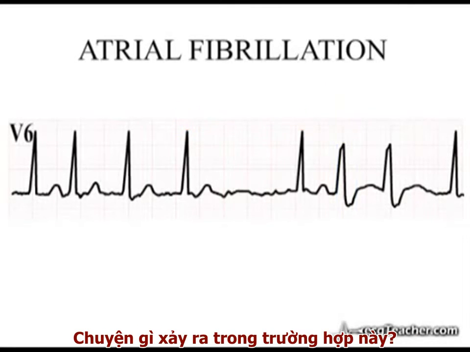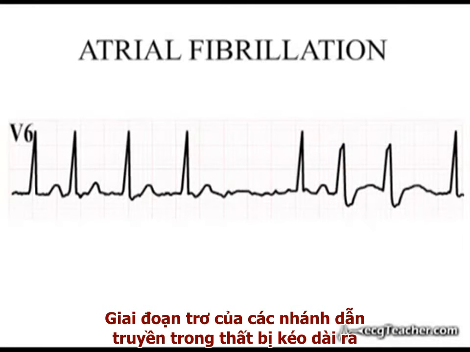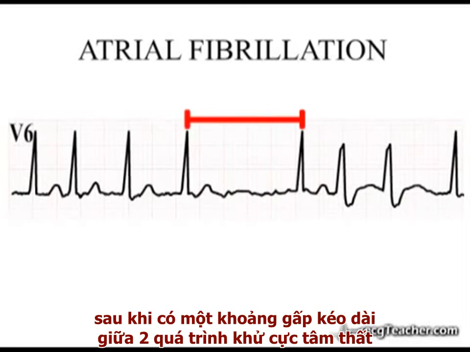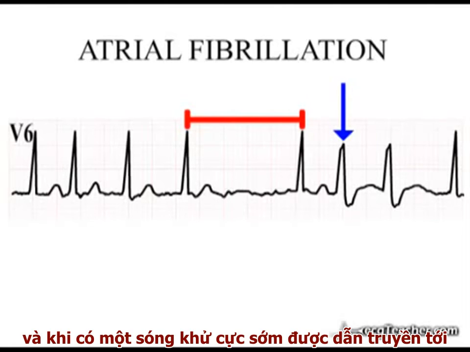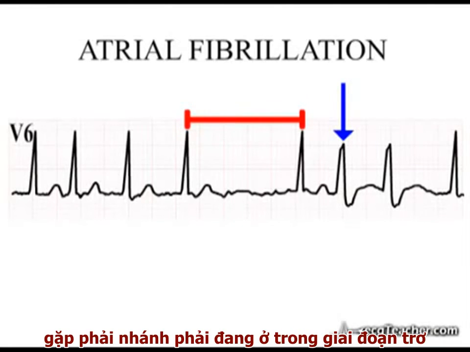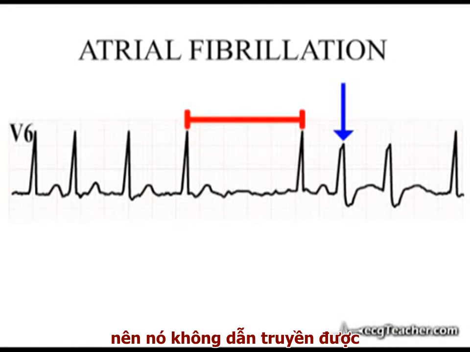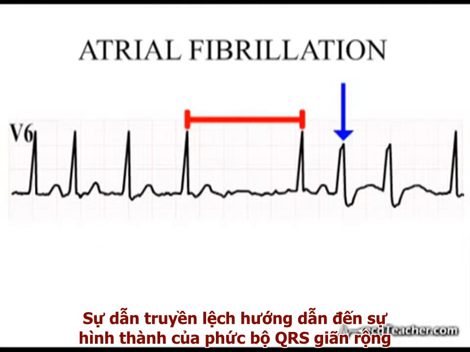What has happened in this case is that the bundle branch's refractory periods have lengthened during this prolonged gap between ventricular depolarizations. An early transmitted atrial depolarization wave has then encountered the right bundle branch while it is in a state refractory to transmission. Aberrant conduction results in the presence of a broad QRS complex.